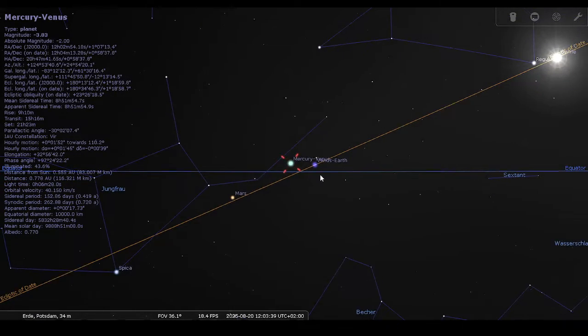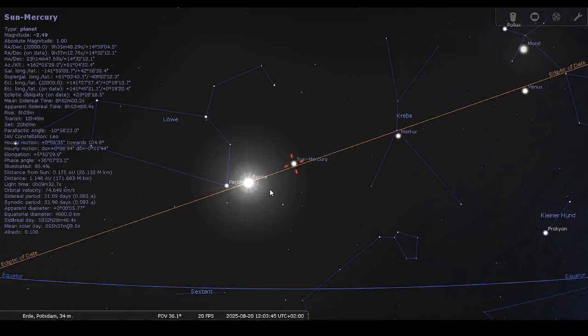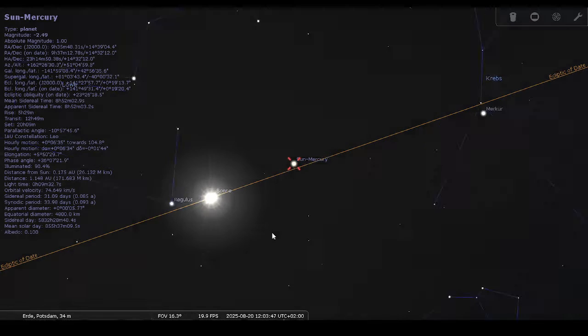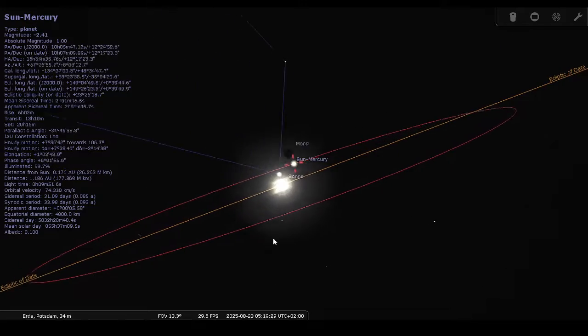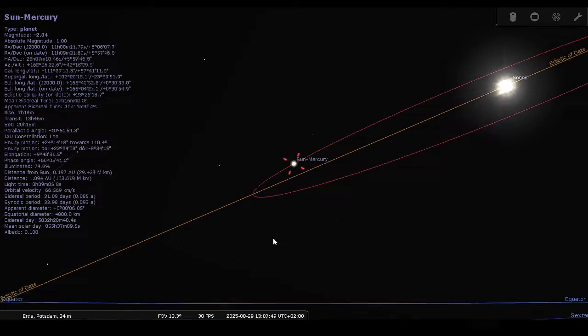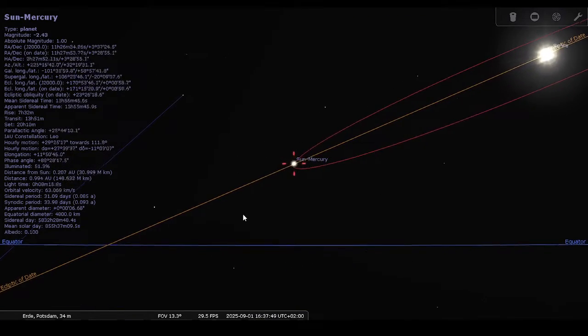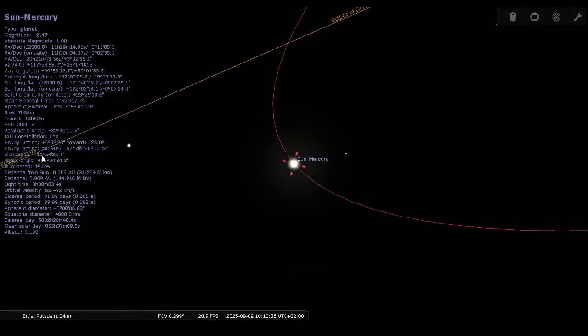We can look at the closest planet, and then go more to the outside. Now, Sun-Mercury is a planet that's even closer to the Sun as compared to Mercury. So the elongation is not that much. The maximum elongation, you see this value here, is just a bit lower than 12 degrees.